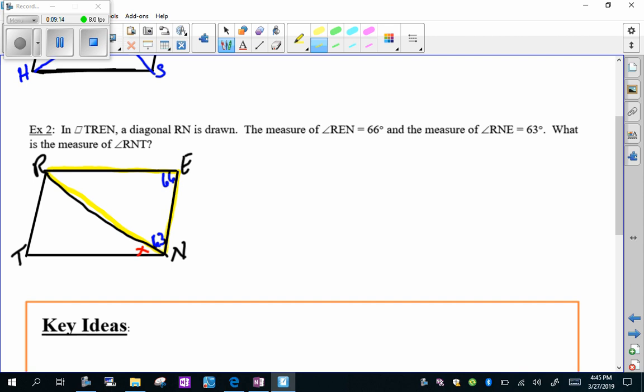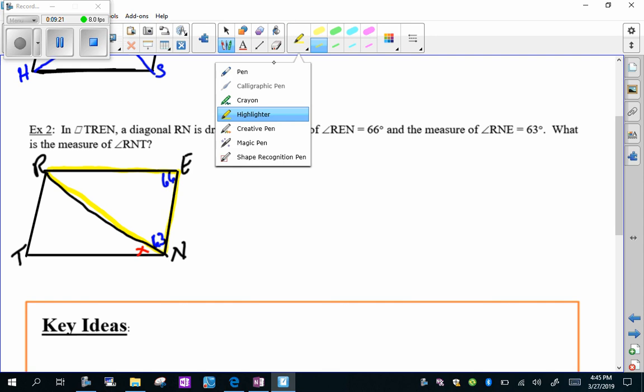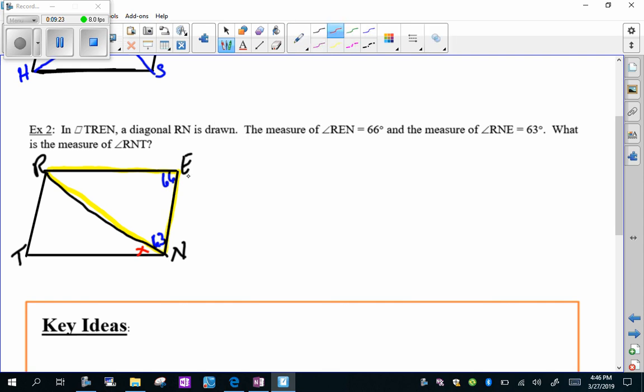All right, I have this triangle here. Back to pen. I know that the two angles of the triangle are 66 and 63. And if I just do some simple math, I know that this angle here has to be 51 degrees, because the sum of the measures of the triangle has to equal 180 degrees.